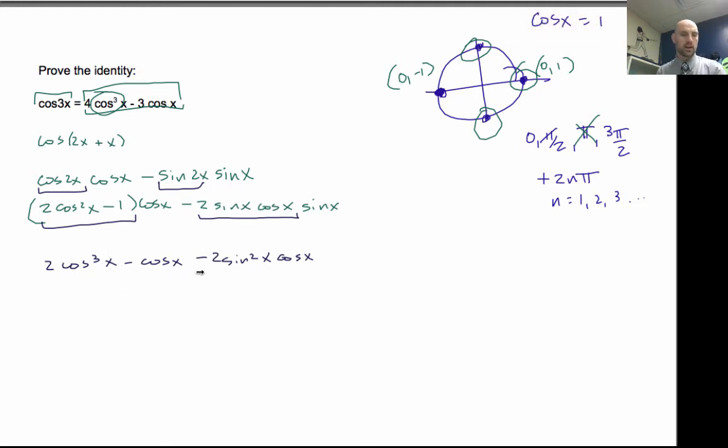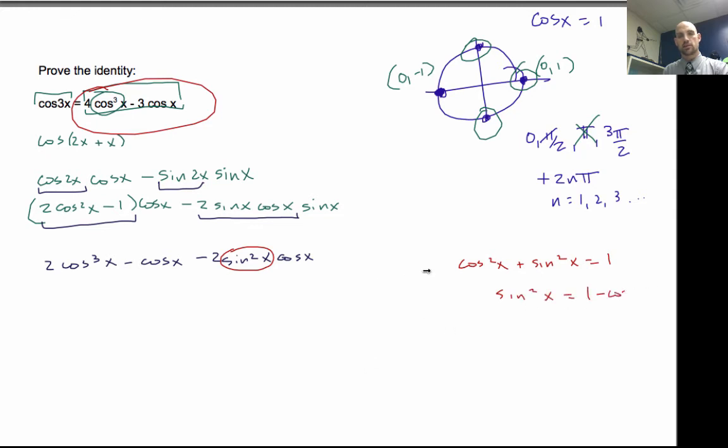All right, so what we've got is 2 cosine cubed x minus cosine x minus 2 sine squared x cosine x. Well, when we look at what we're going toward, all cosines, and so I'm looking at this guy here, and I'm thinking to myself, okay, I've got to swap it out. And if I remember that cosine squared x plus sine squared x is equal to 1, that's a Pythagorean identity, then sine squared x is equal to 1 minus cosine squared x.